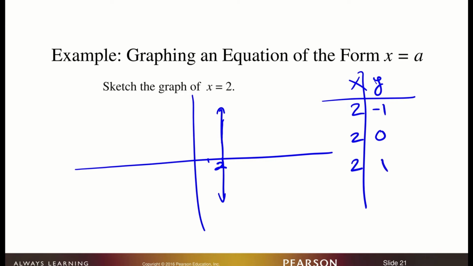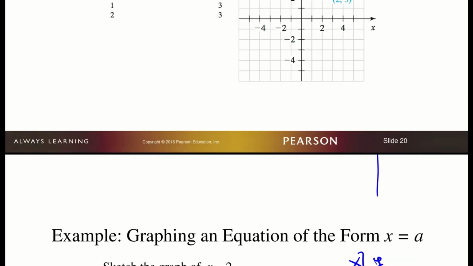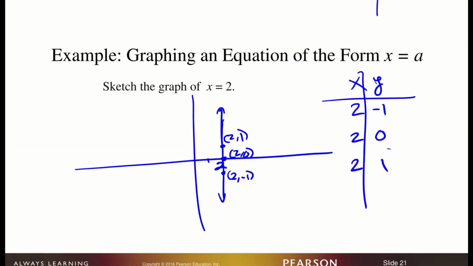So look, here we have 2, -1 right there, 2, 0 right there, and 2, 1 right there. So here we have 3 ordered pairs associated with solutions of that graph. And that's the way vertical lines always work out, okay? So they'll always have the form x equals some constant. We usually just call it h, okay?